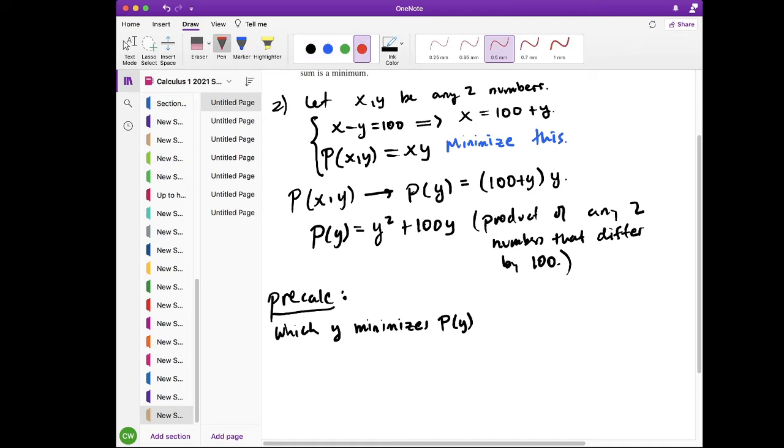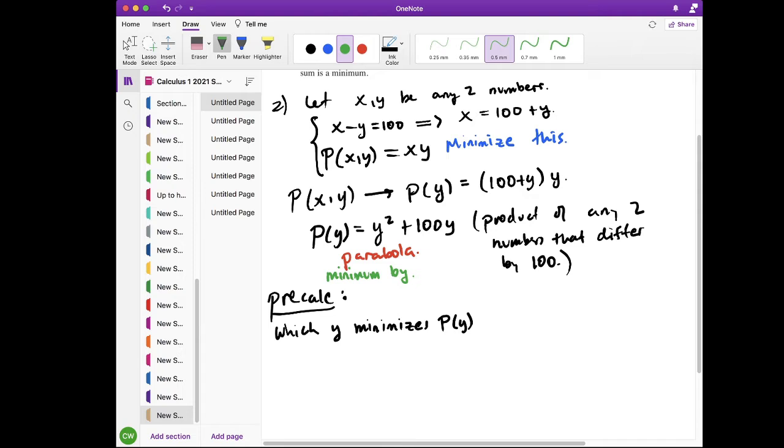Why do you know it has a minimum? You remember the inspection to see when a parabola has a minimum or a maximum? What do you look at to determine minimum or maximum, without derivative? It's kind of a pre-calculus method.